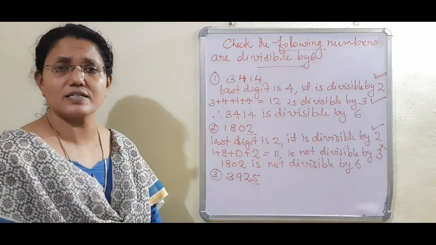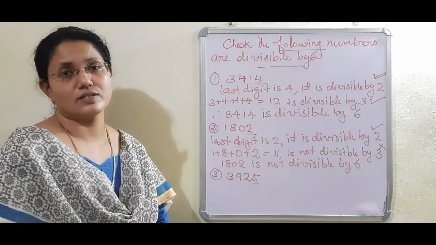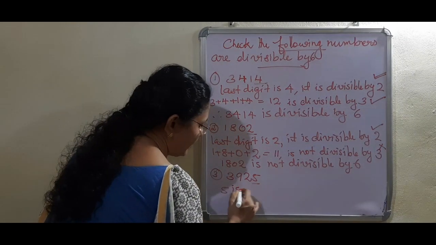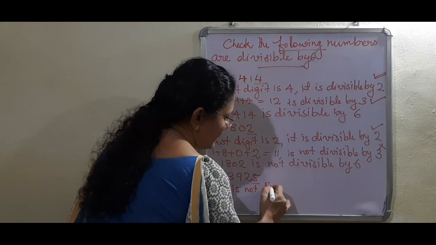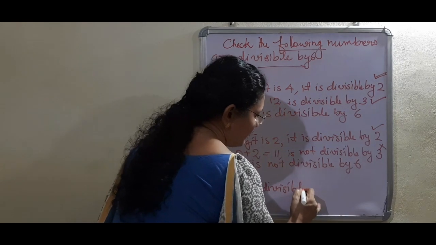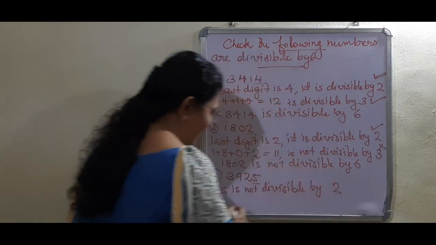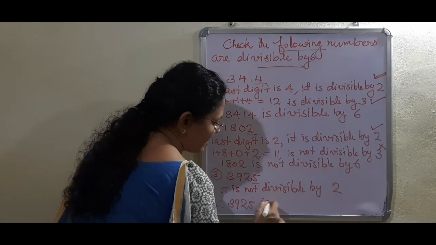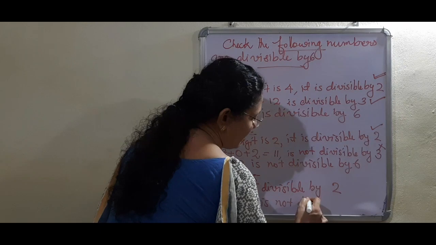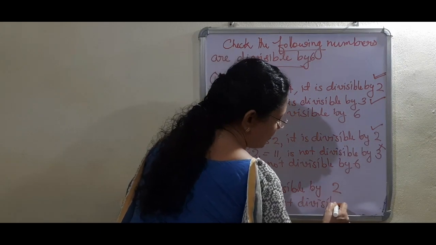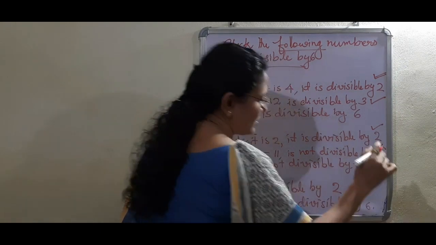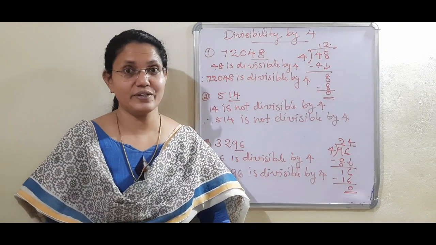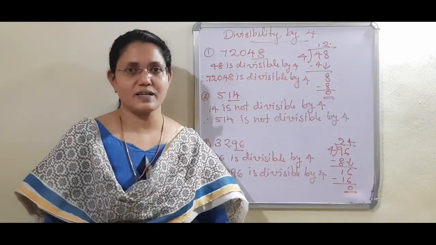Therefore, the number is not divisible by 6 also. Last digit 5 is not divisible by 2. Therefore, 3925 is not divisible by 6. Okay. All the divisibility tests you have to study very well and practice this type of questions.